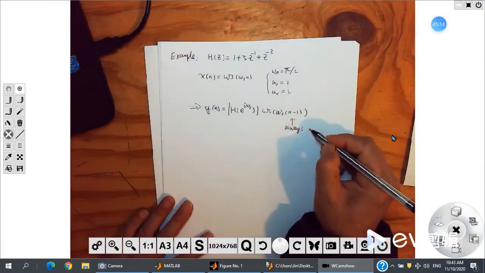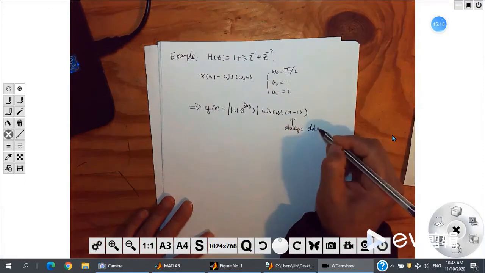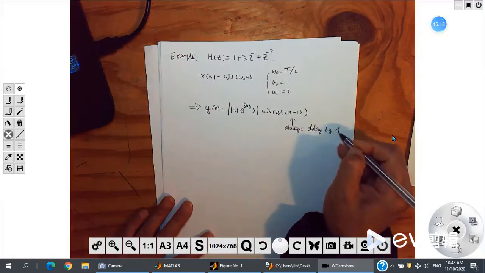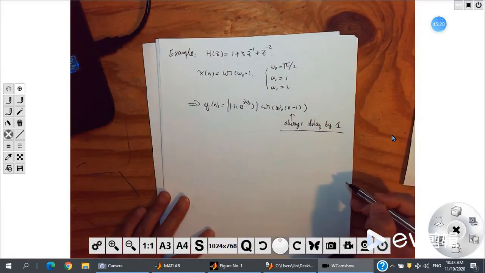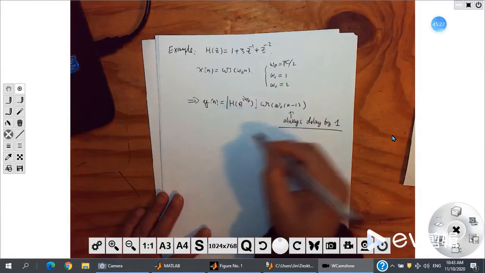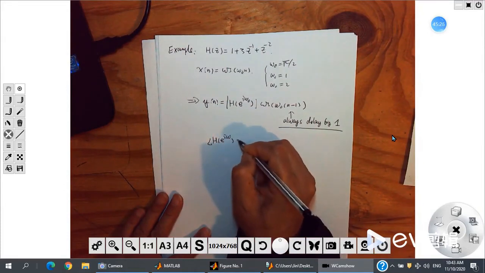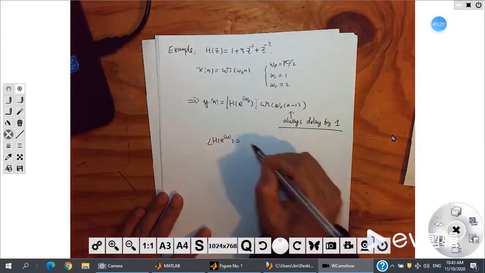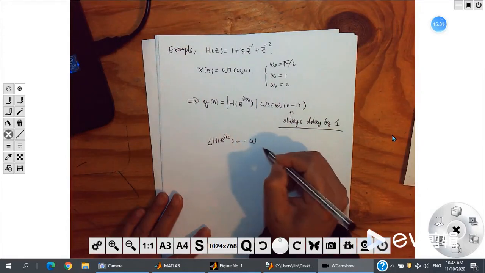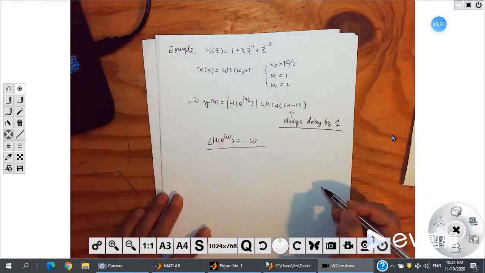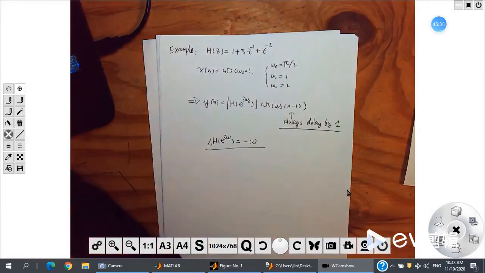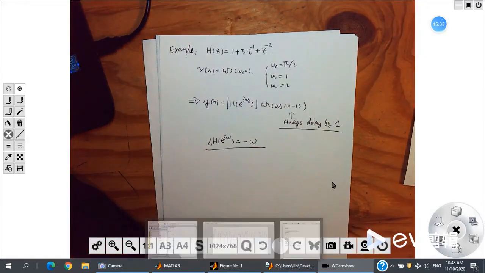It's a delay, right? Delay by 1. And the angle of H is always negative omega. Always this one. So we just calculate. We can calculate it this way.